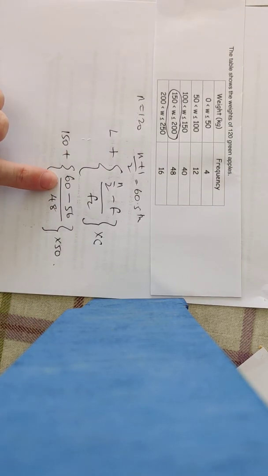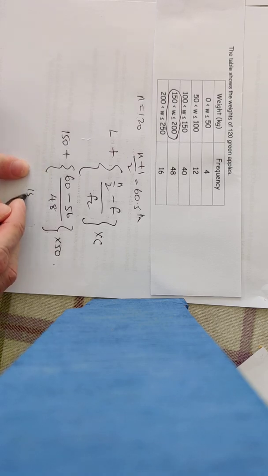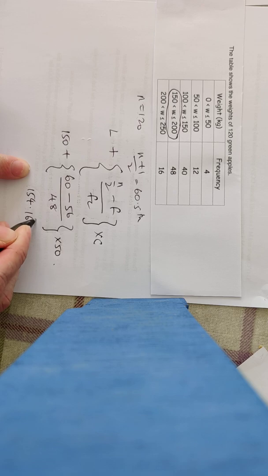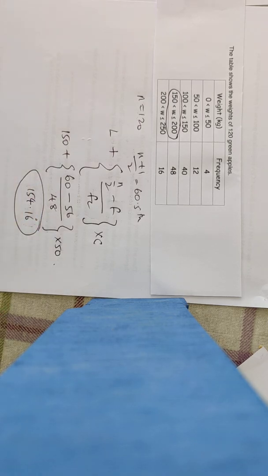Okay, so I'm getting 60 minus 56 divided by 48 multiplied by 50, add on 150, so I'm getting 154.16 recurring. That's going to be the answer to the final one.